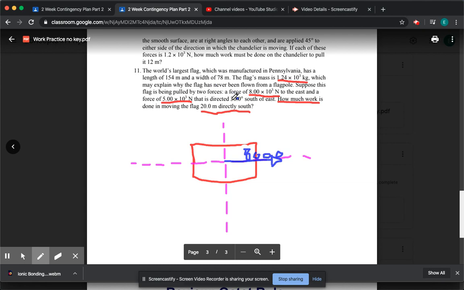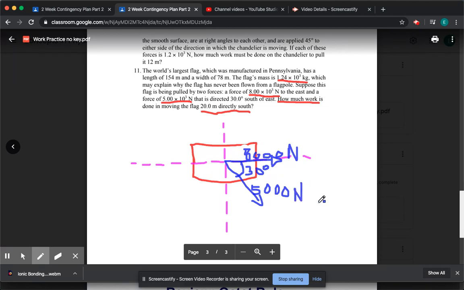And then it says I have another force that is 30 degrees south of east. So this is going east, and I have a second force. This angle right here is 30 degrees, and this has a value of 5,000 newtons.